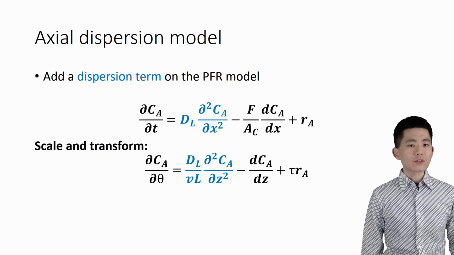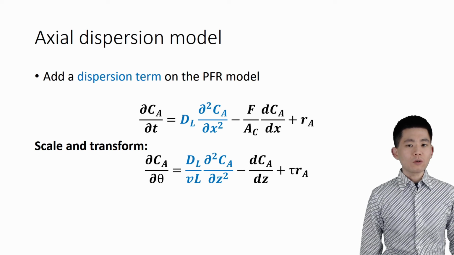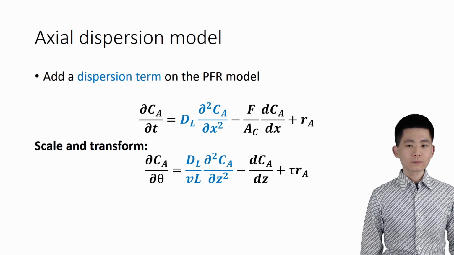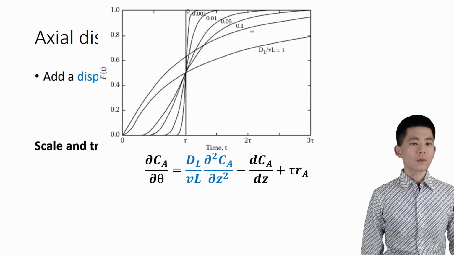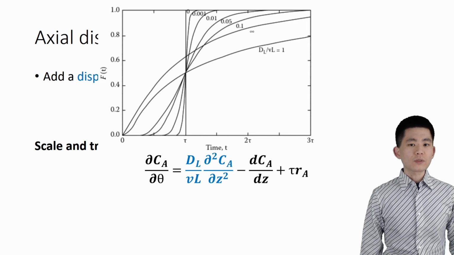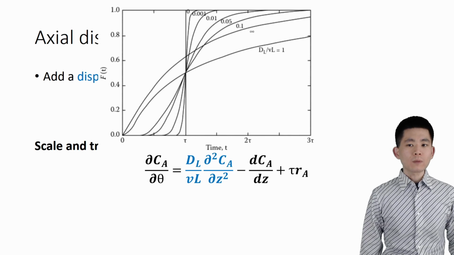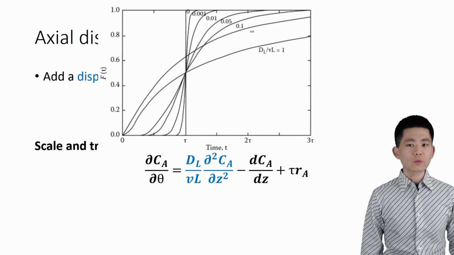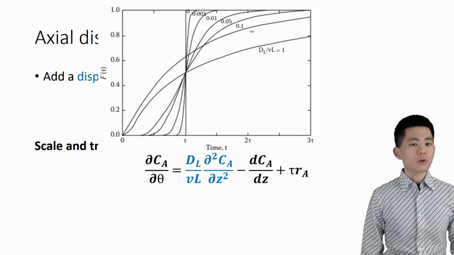The degree of dispersion is described by dL over VL, where V is the flow velocity and L is the reactor length. When dL over VL is 0, there's no dispersion in the reactor, so the reactor is an ideal PFR. But when dL over VL is 1, there is complete dispersion. The reactor is an ideal CSTR.